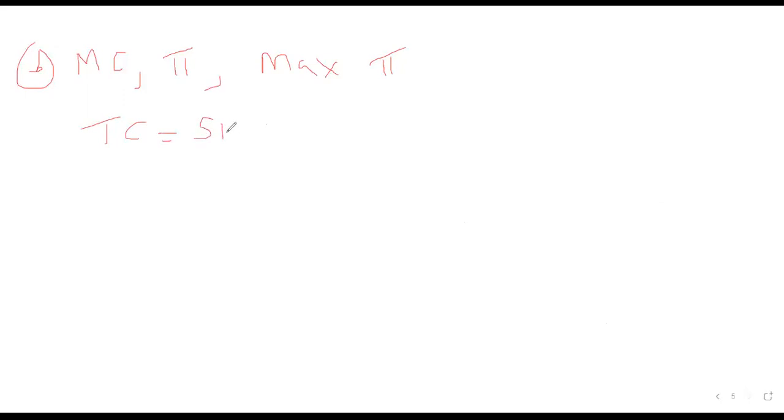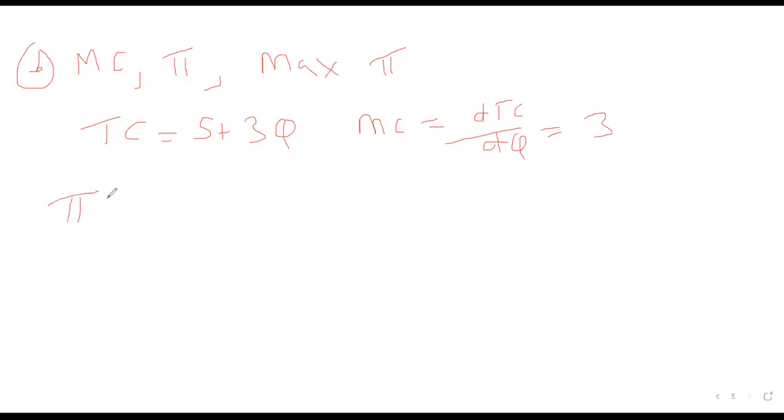So how do we find our marginal cost? The marginal cost is the derivative of the total cost over the derivative of the quantity. I've already taught my calculus. If you are part of my students, at least you know what I'm talking about. So that is our marginal cost.